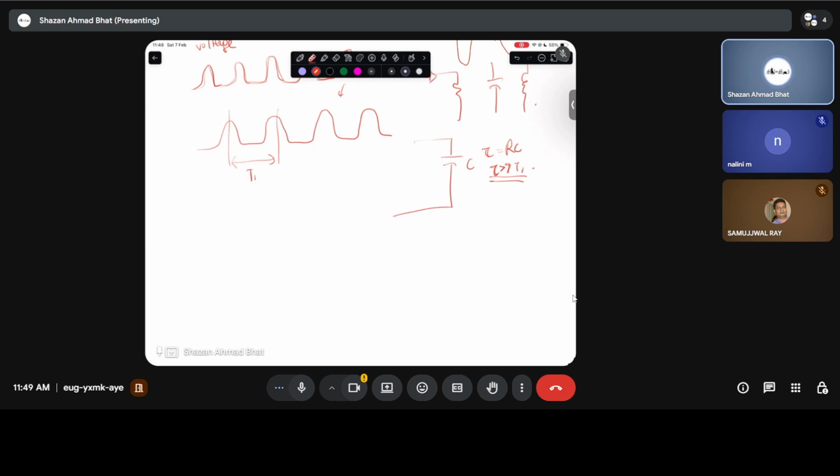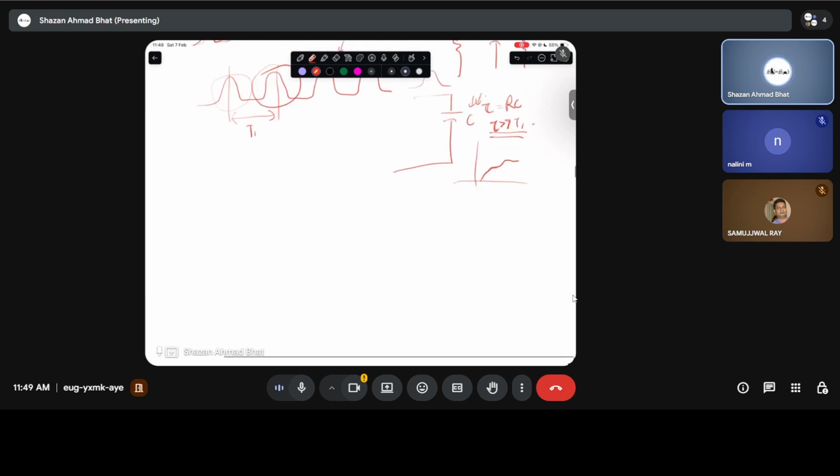As soon as this first pulse comes, it starts to charge the capacitor. And before the capacitor reaches its maximum value, another pulse comes in, and the capacitor is not going to behave exactly as it was supposed to.